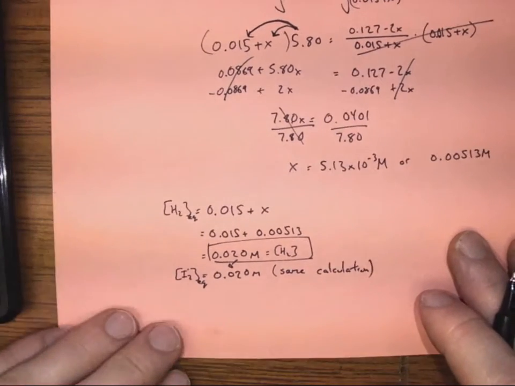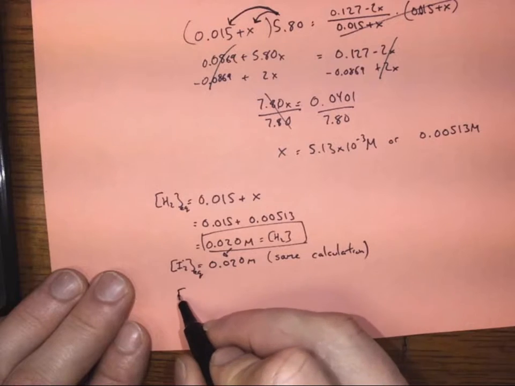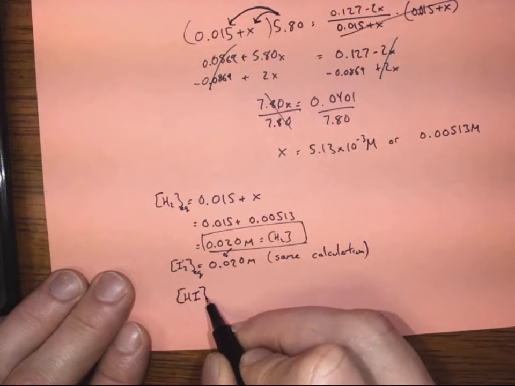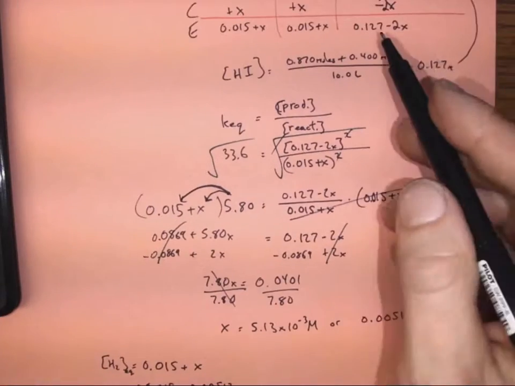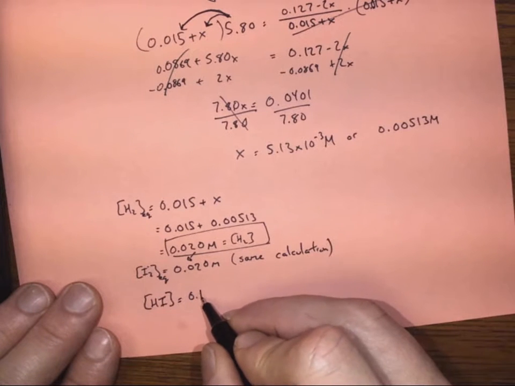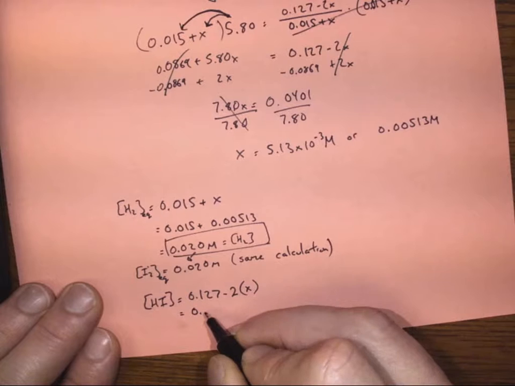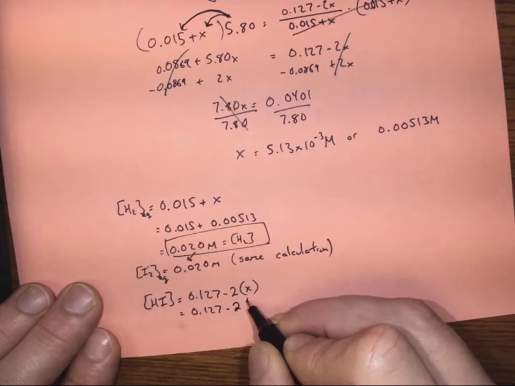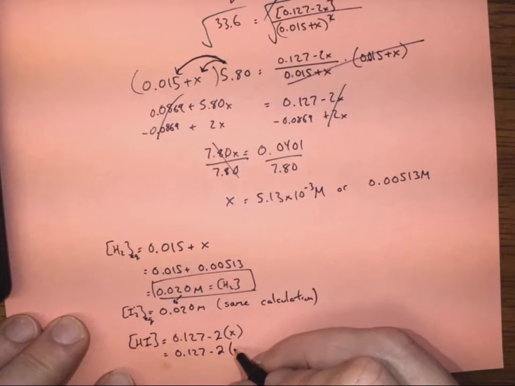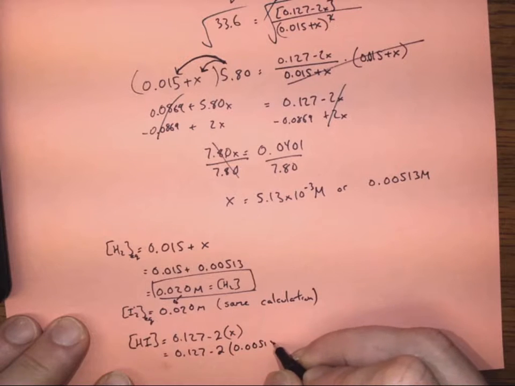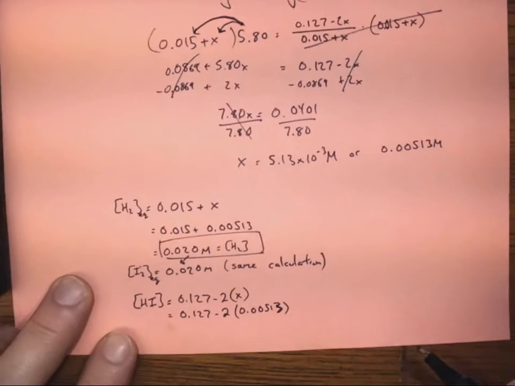And lastly, I need to find the concentration of my hydrogen iodide, which is 0.127 take away 2 times x, which is to say 0.127 take away 2 times 0.00513 molar.